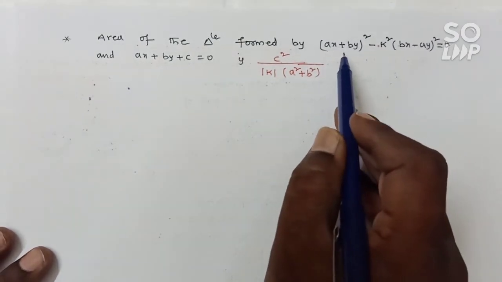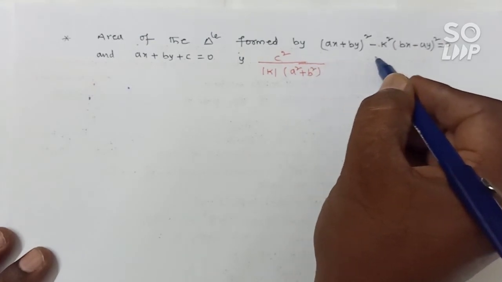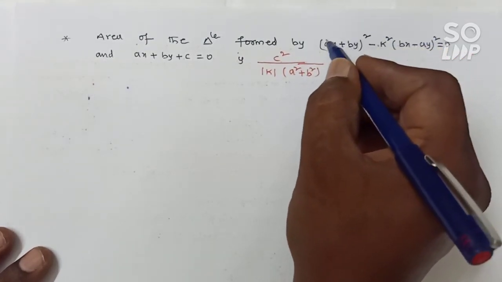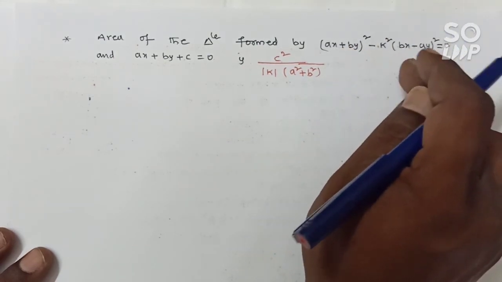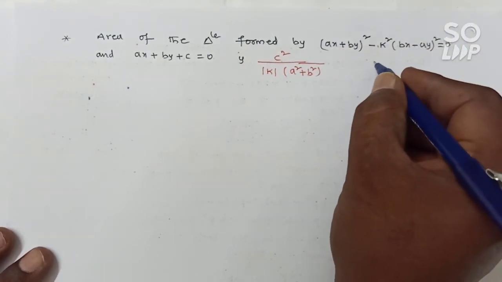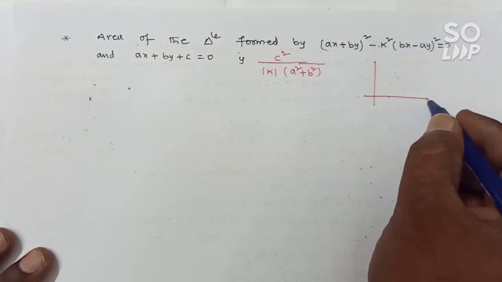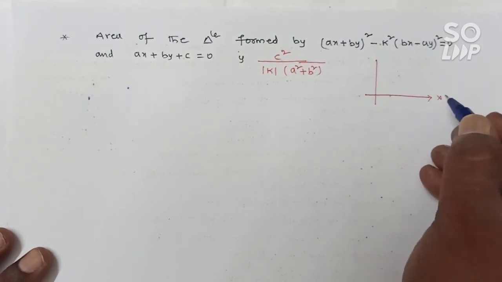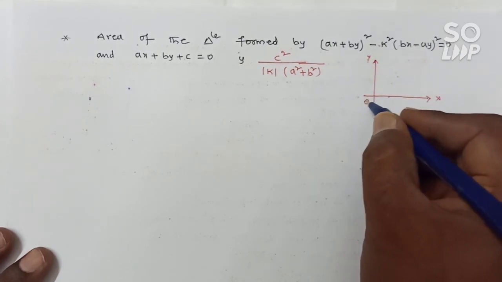See, all of you observe this equation. By expanding this equation, the first equation will represent the homogeneous. So the diagram will be this one. Here the first equation will represent the lines passing through the origin.